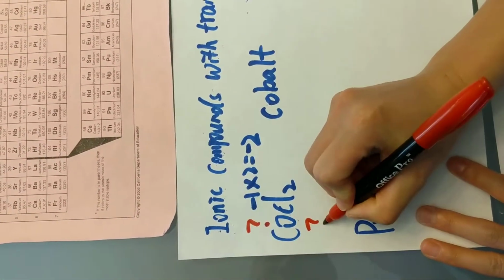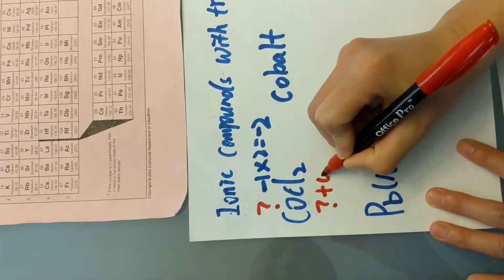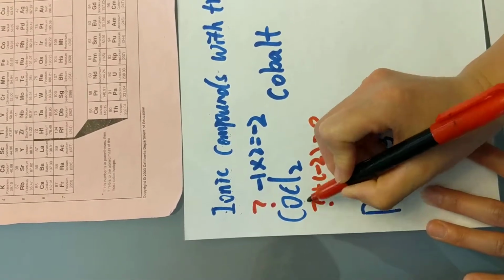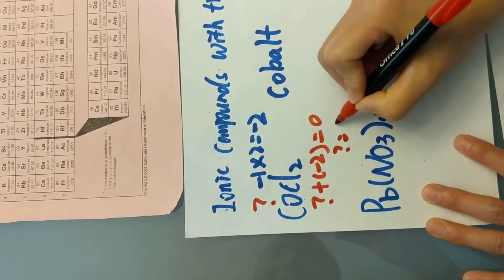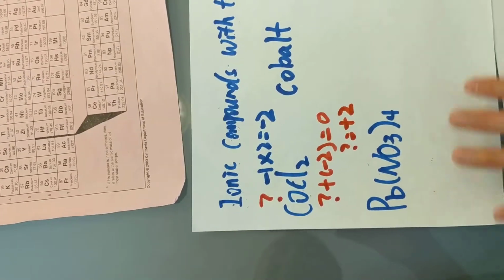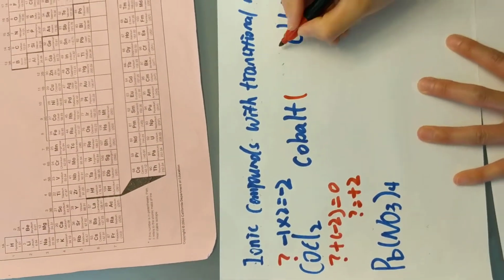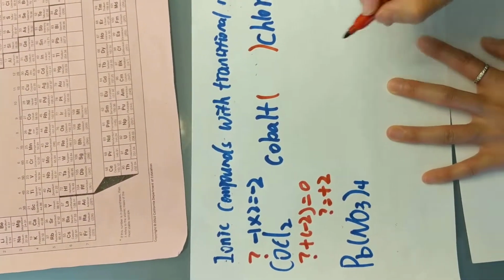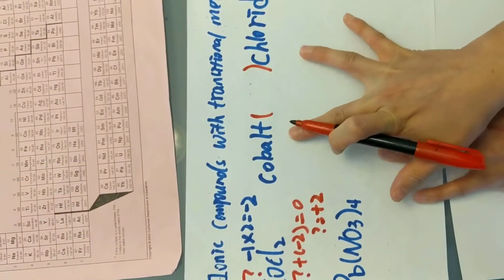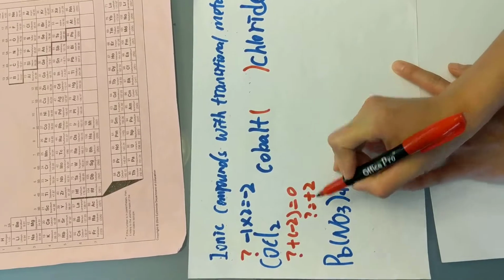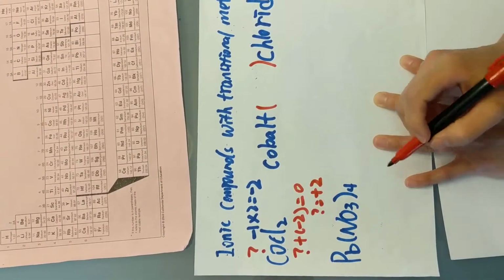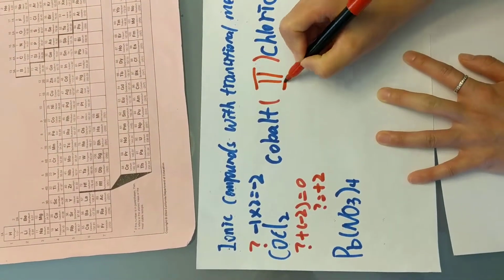So that is question mark plus negative 2 equals 0. So cobalt is positive 2. We should use parentheses between these two elements. So cobalt, the charge is 2, so write it down.